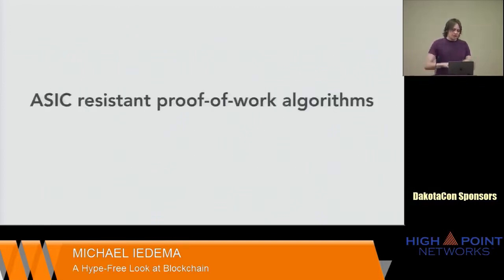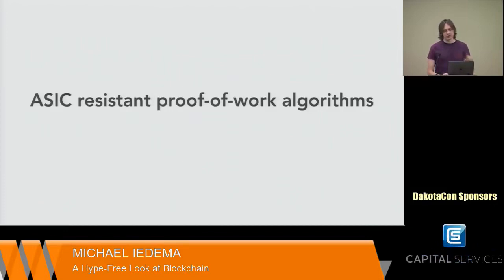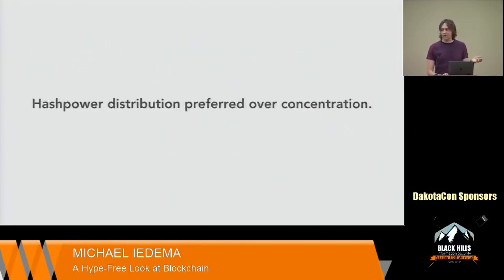You can't delete it. So there's a lot of work trying to find ASIC resistant proof of work algorithms. Something that runs the same speed on a CPU as a GPU as an ASIC, and that lets people participate in the network, which distributes the hash power over a wider chunk of the participants. That was the original idea of Bitcoin in the original white paper, which, by the way, read it.